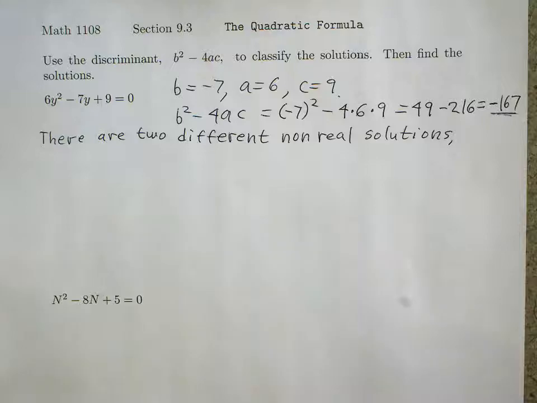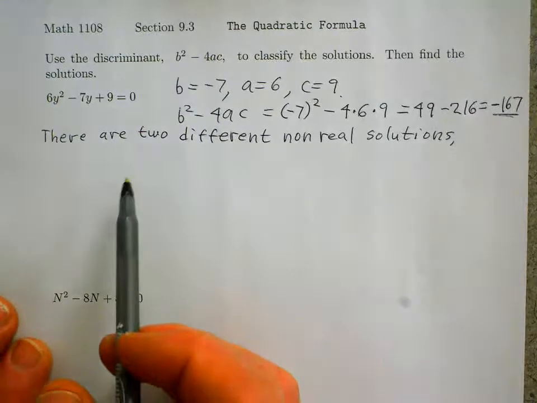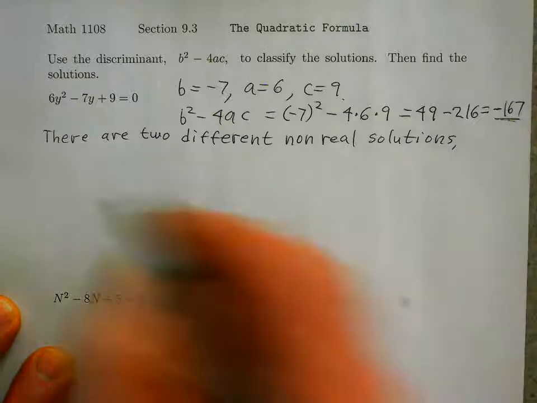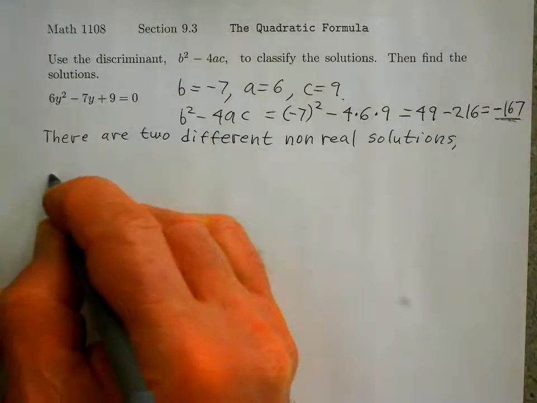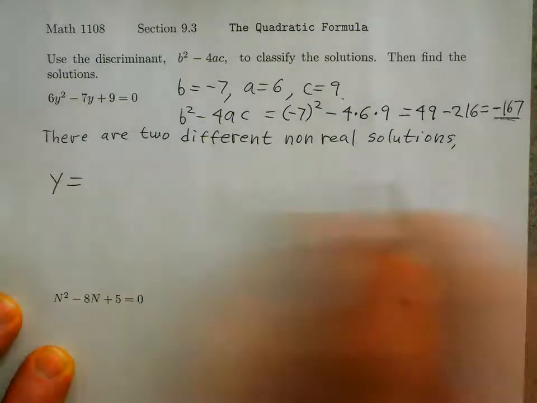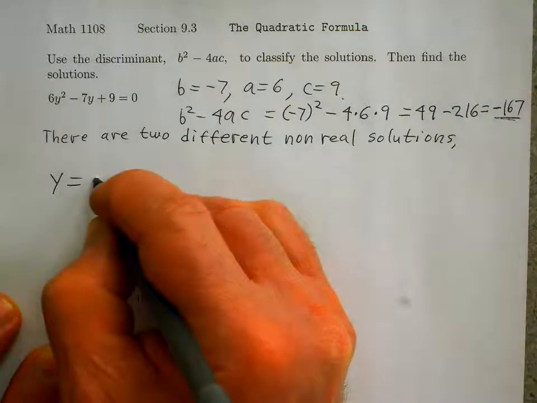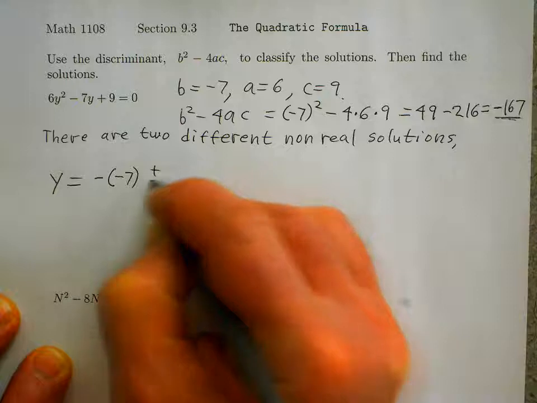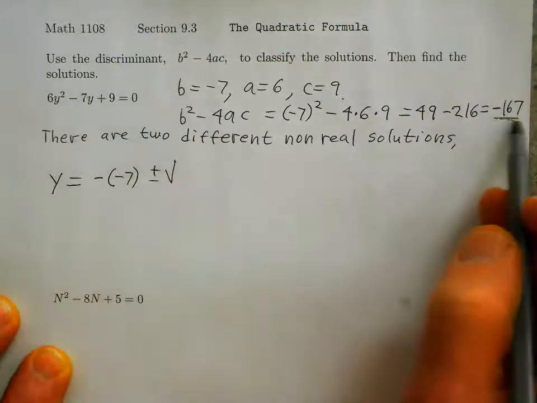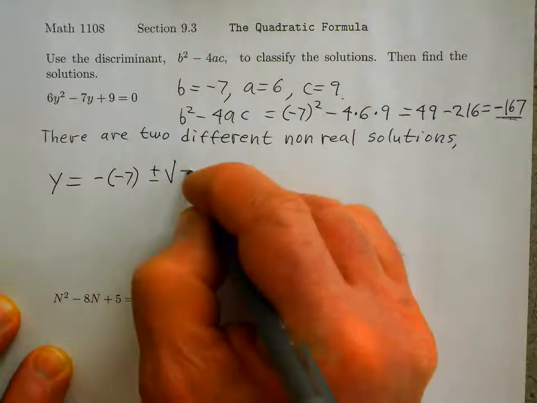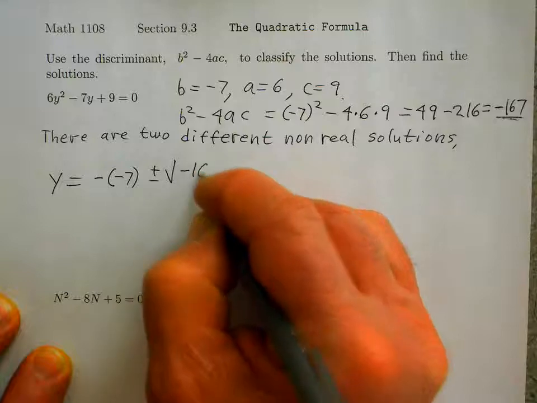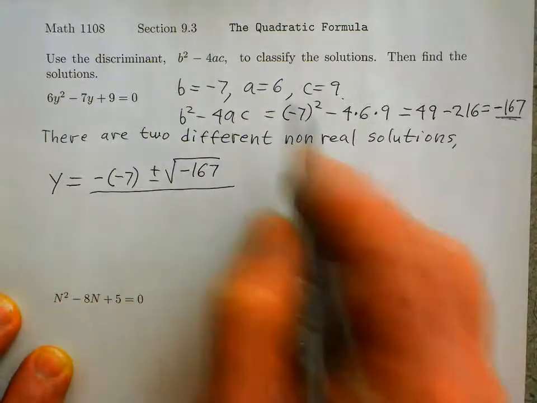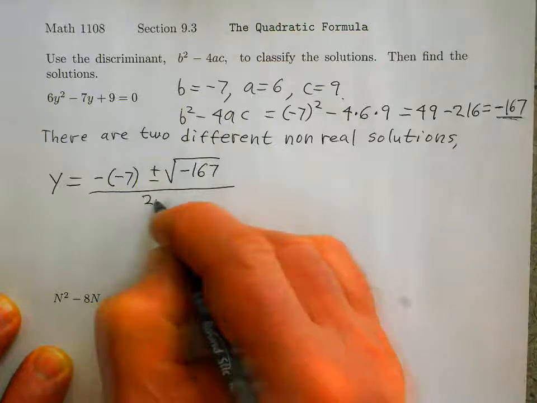Okay, then it says find the solutions. Well, we already found the discriminant. So y equals the negative of -7 plus and minus the square root of the discriminant, which is the square root of -167, divided by 2 times a, or 2 times 6.